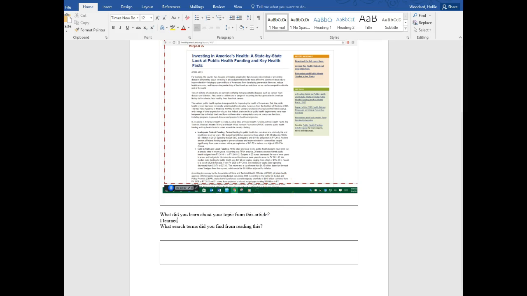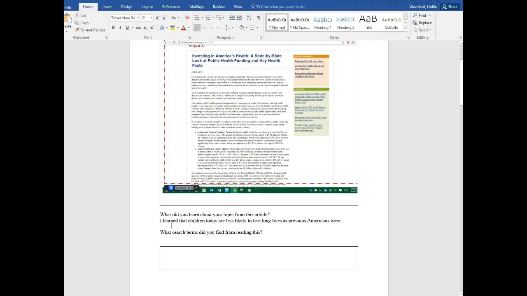So I'm going to write, I learned that children today are less likely to live long lives as previous Americans were. And I also learned that there is a difference between private and public health services and issues regarding funding.